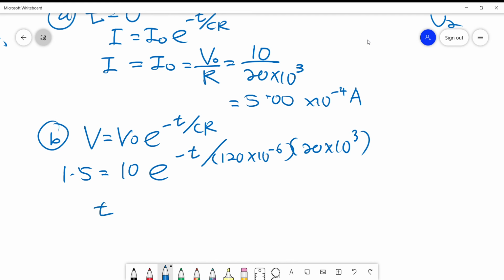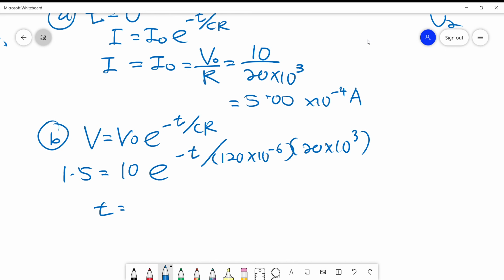Finally, the time taken from 10 volts to 1.5 volts is t equals ln of 1.5 divided by 10, times negative 120 times 10 to the power negative 6 times 20 times 10 to the power of 3.